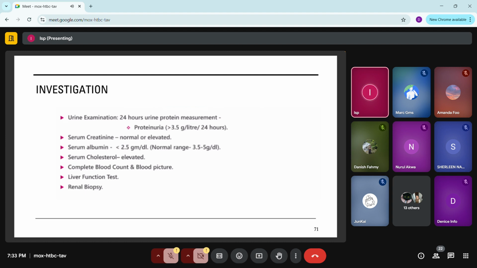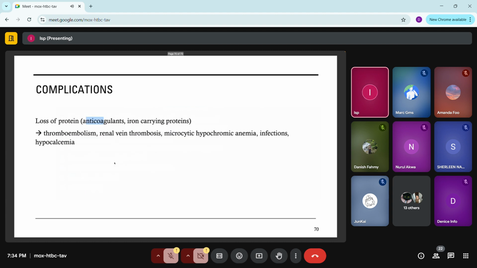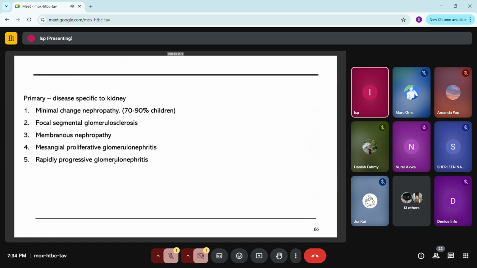Cholesterol should be elevated, and eventually you want to rule out secondary causes like diabetes, autoimmune causes, drugs, toxins. Only then do you think about primary causes. If you think about primary renal causes, to differentiate them you need a renal biopsy.